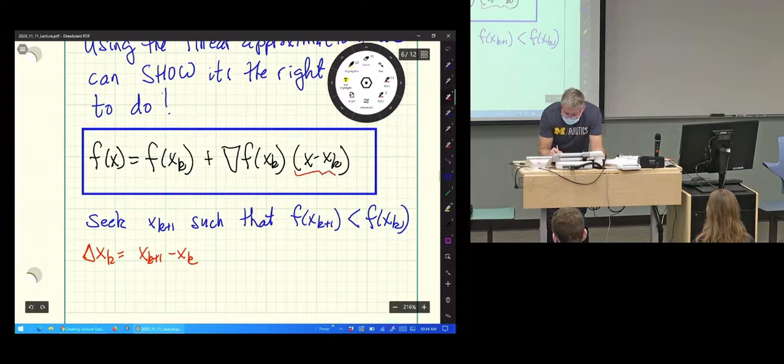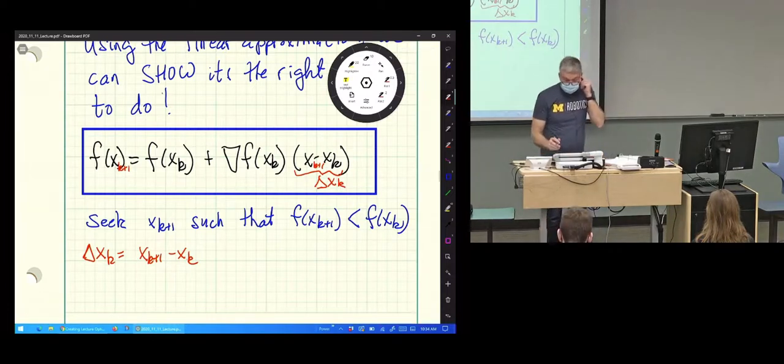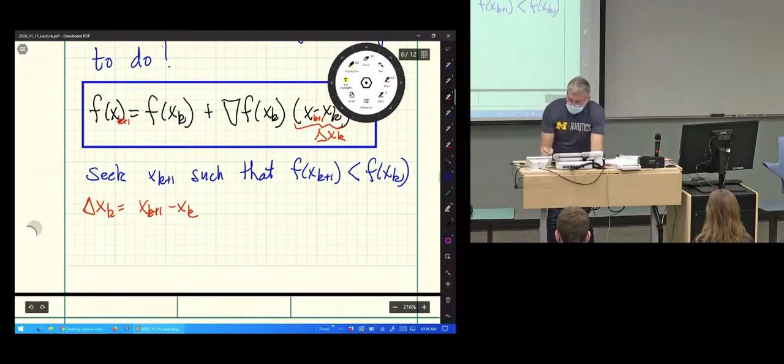So here's, when I put k plus 1 and k plus 1, this is delta xk. And so if I have f of xk plus 1 minus f of xk, I want this to be negative.